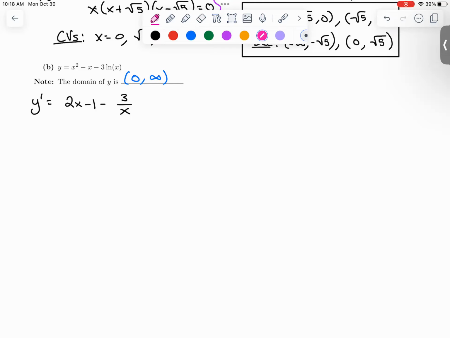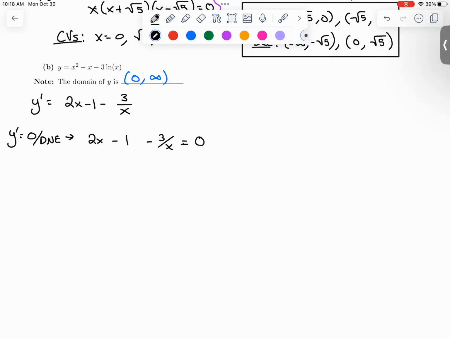We need to set it equal to 0 or find where it does not exist. So y prime equal to 0 slash DNE. Get 2x minus 1, and I'm going to put a little bit of space because we're going to have to do something, minus 3 over x is equal to 0 or does not exist.